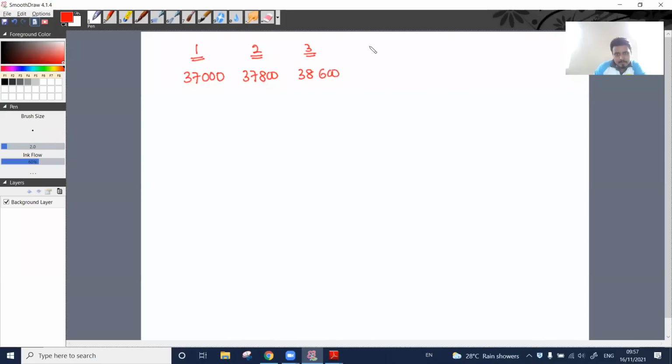Fourth year, 39,400. So what you can see here, if you consider two successive terms, what is the gap? That is plus 800, the annual increment of 800.